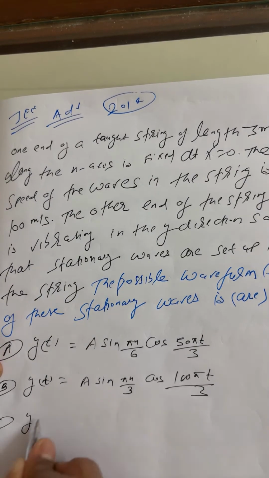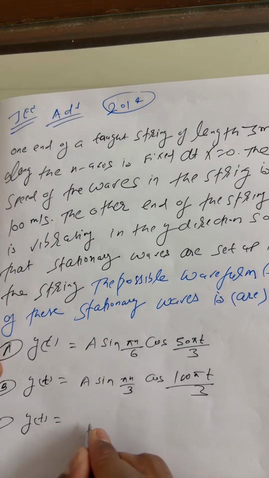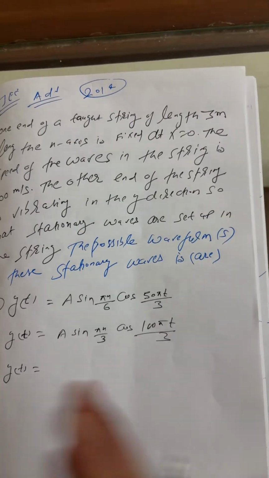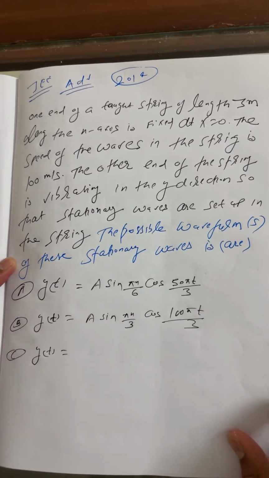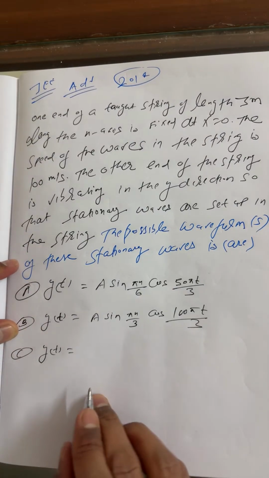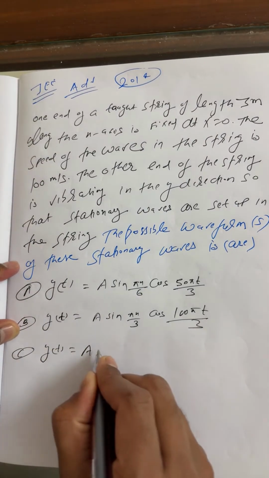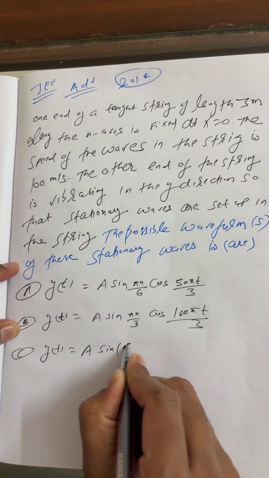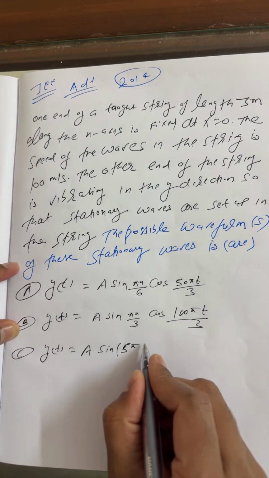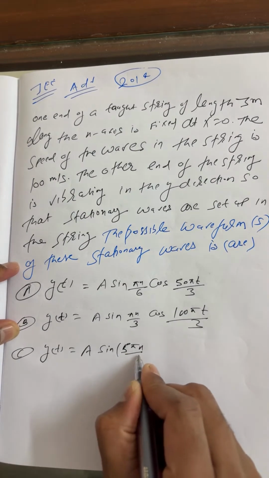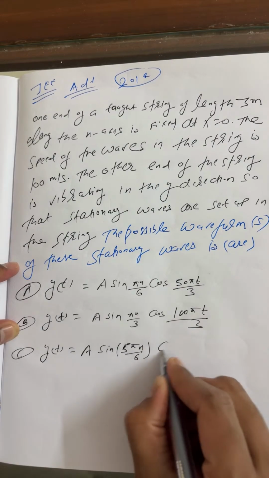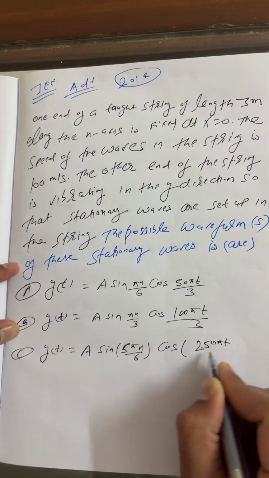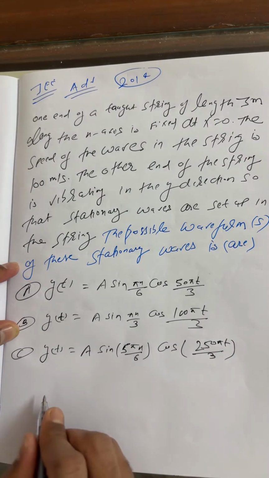Option three: y as a function of t, you can take your time, no need to hurry, A sine 5 pi x by 6 cos 250 pi t by 3.